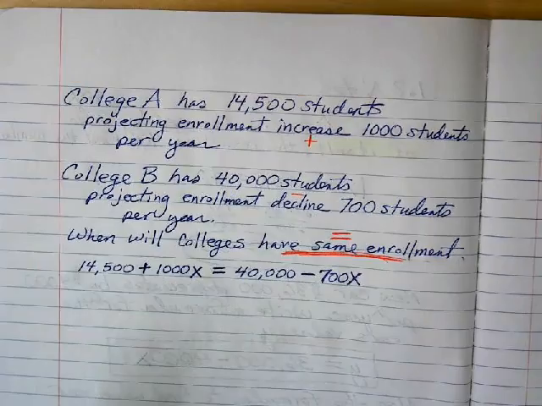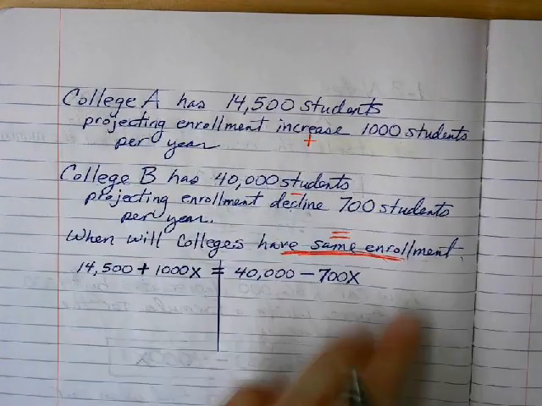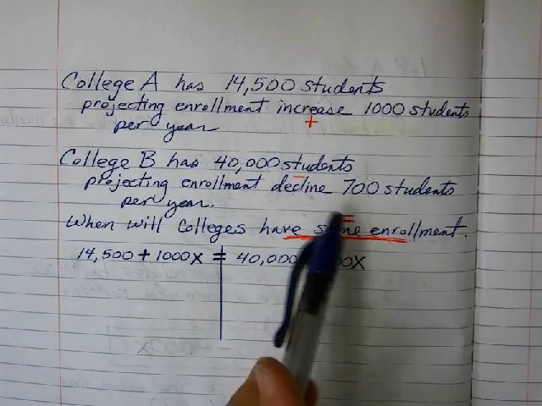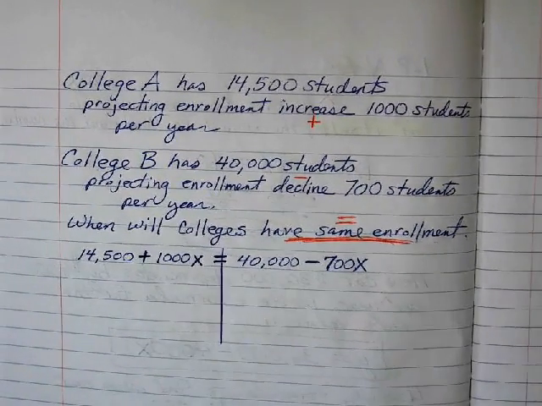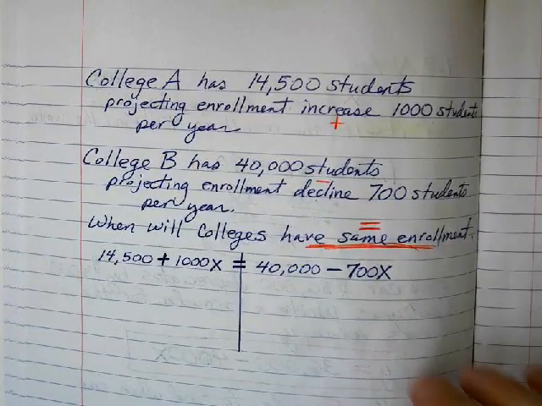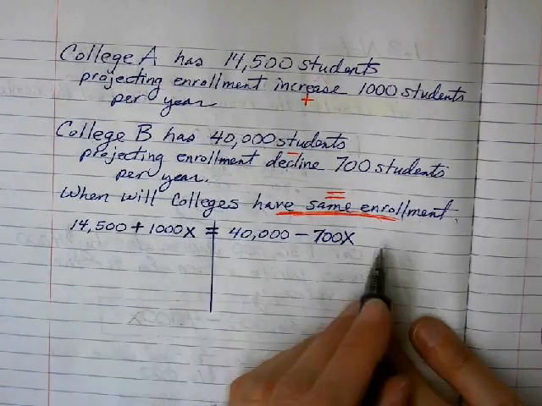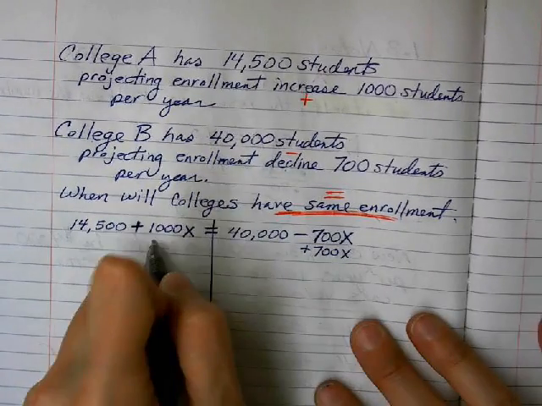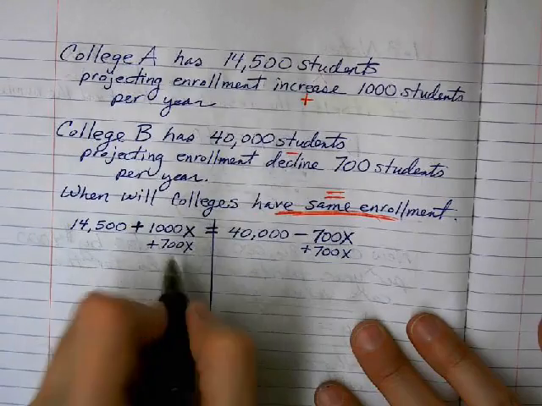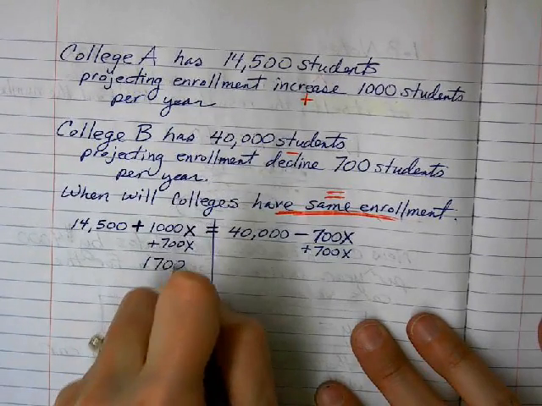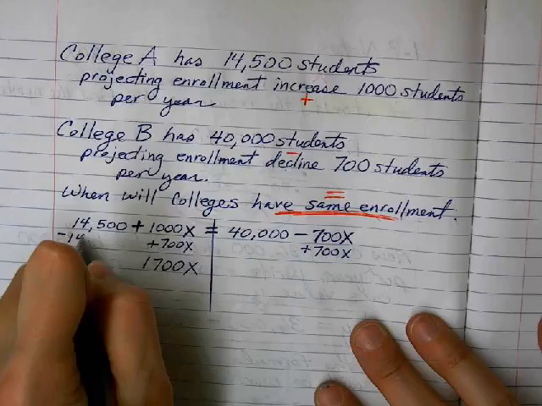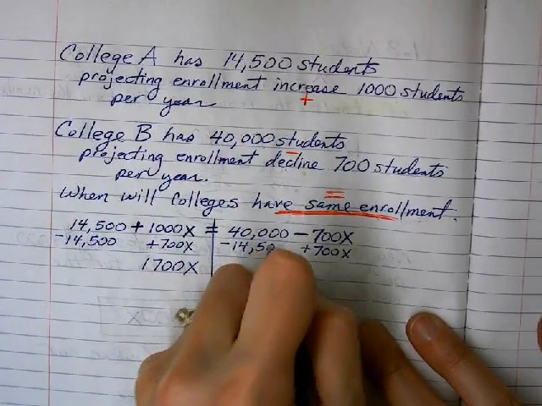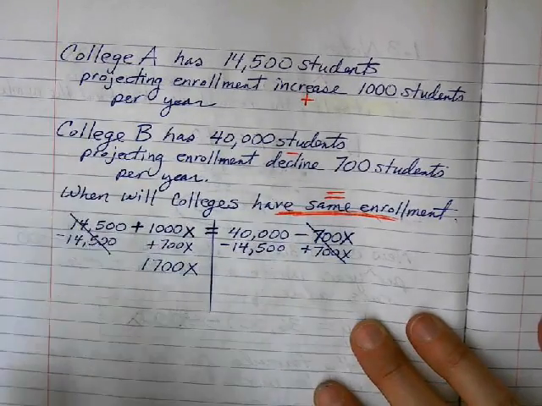So when it says same, look for that if you come across a story problem. If it says same, it's things you want to equal. And you want to get your variables on the same side. I would add the 700x, so I'd have 1,700x, and I would subtract the 14,500. Do those two steps to get variables to one side and the other numbers on the other side.